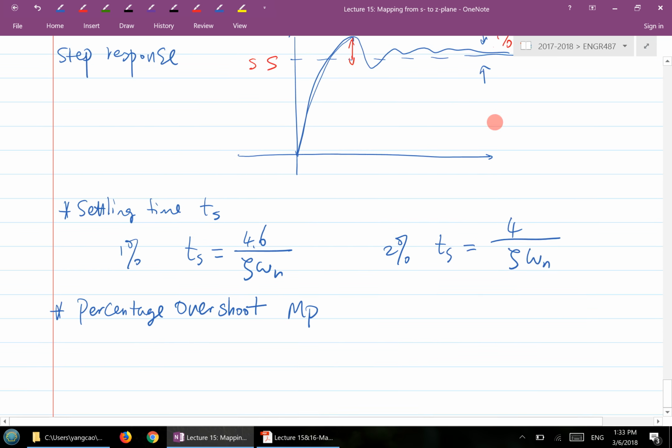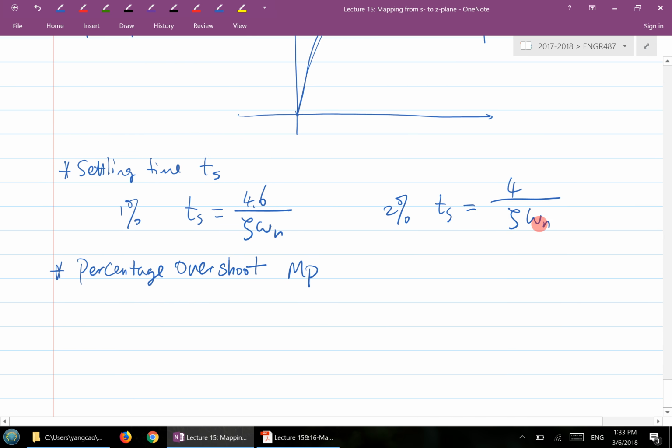The zeta, basically the damping ratio, determines the percentage overshoot. The connection between this MP and the zeta value is given as e to the power of negative pi zeta over the square root of 1 minus zeta squared. And then you multiply by 100%, so you get percentage overshoot.